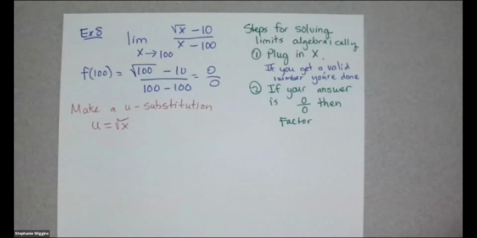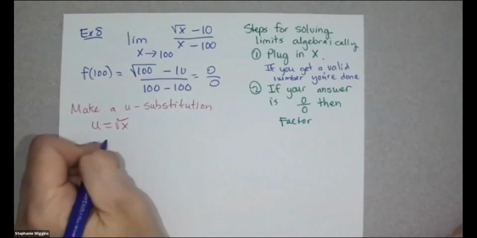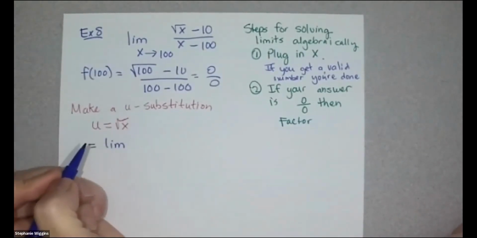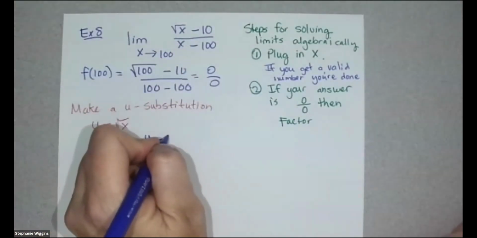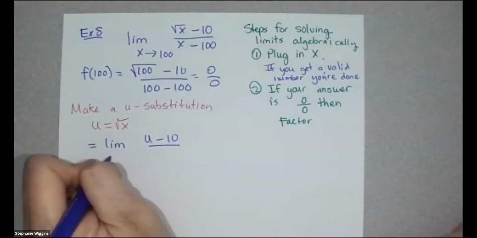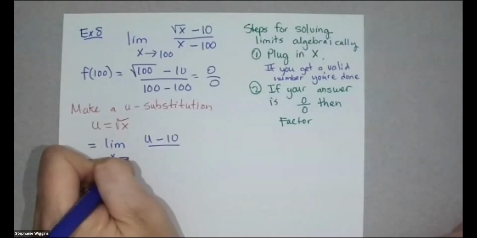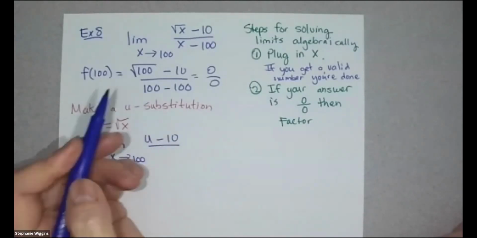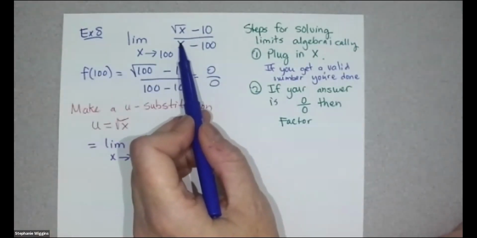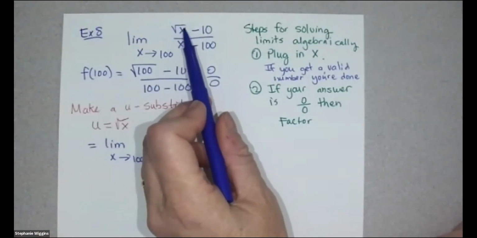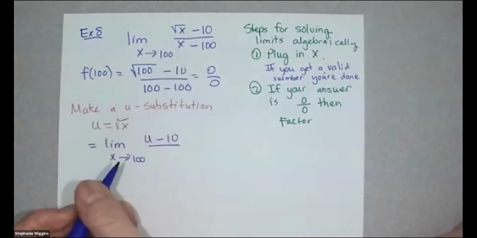So here we get, it becomes the limit. This now is U minus 10. And X, if the square root of X is U, then X is U squared, right?